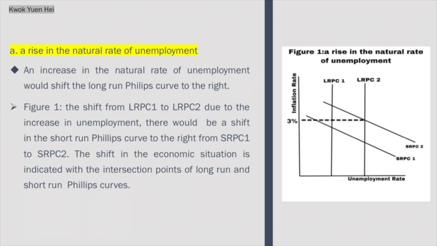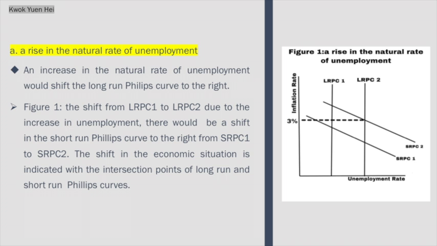A is a rise in the natural rate of unemployment. An increase in the natural rate of unemployment would shift the long-run Phillips curve to the right. Figure 1 shows this by the shift from long-run Phillips curve 1 to long-run Phillips curve 2.